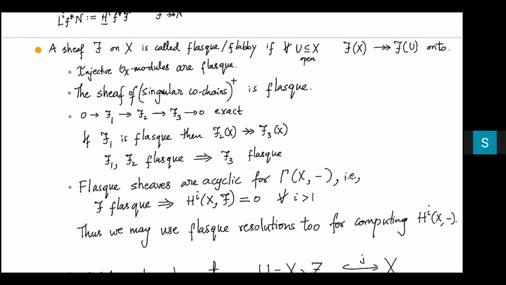That will be a presheaf, and it is flask because the singular chain and cochain complexes from an open set to the larger one split off, since these are free modules over a certain basis. Over smaller open sets, they are free modules over smaller bases of singular chains, and then you are dualizing, so you can easily show that this is flask.